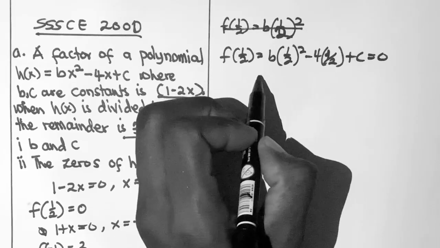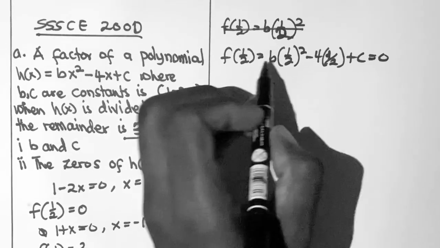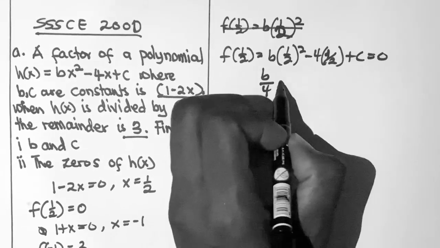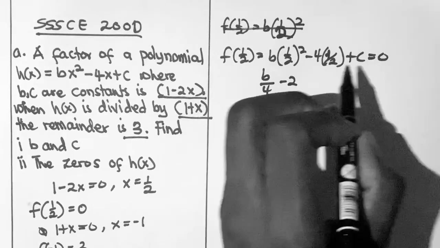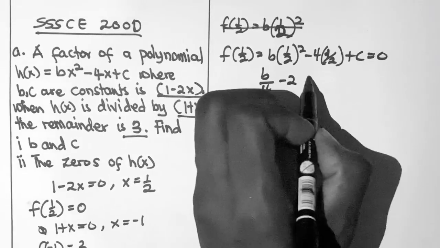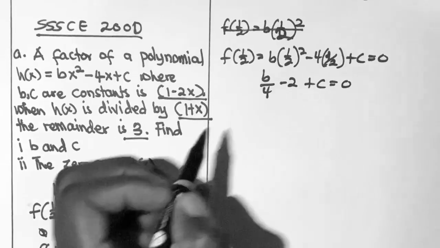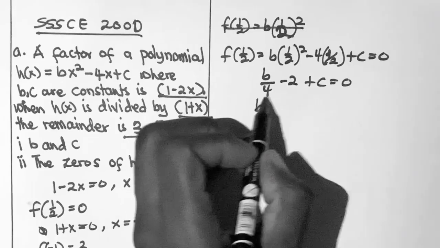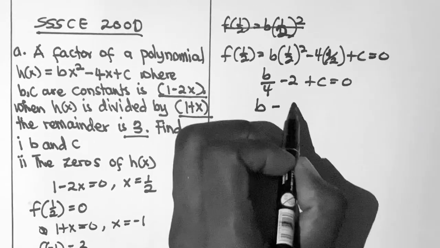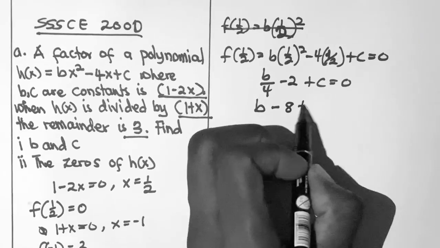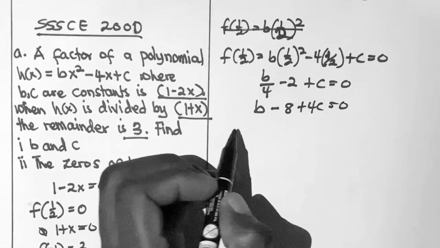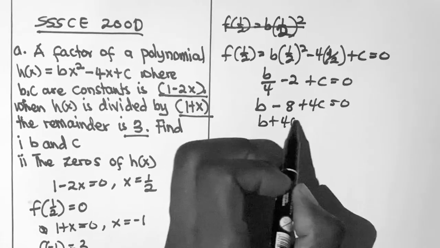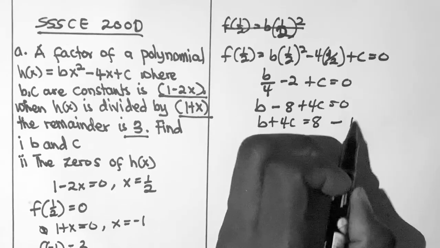So this becomes b over 4. Then now 4 divided by 2 is 2, so minus 2, then plus c equals 0. So let's multiply through by 4. So here becomes b, then minus 2 times 4 is minus 8, then plus 4c equals 0. So our first equation is b plus 4c is equal to 8, equation 1.